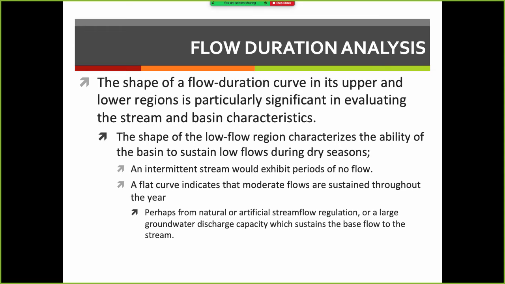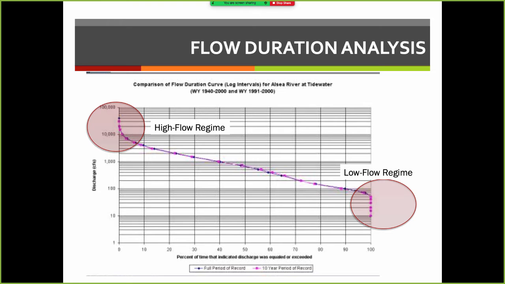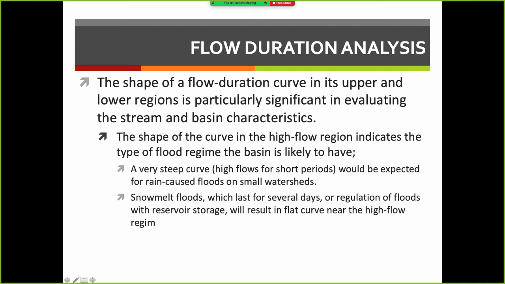And so we have no zero flows on this particular stream. But if we had zero flows, as we moved along here, this thing would plummet actually down off this log scale. It would drop very rapidly.